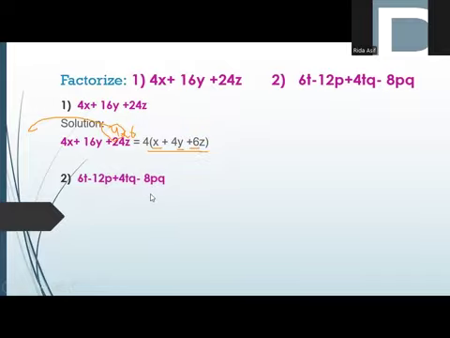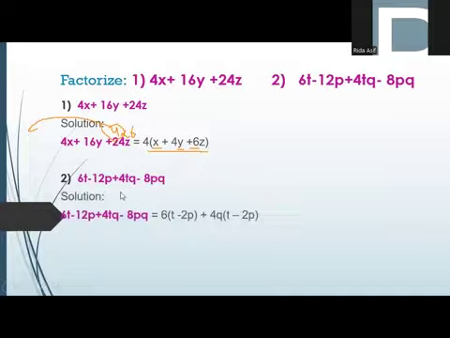In these 4 terms, students, we can select the second method, that is common factors in pairing of terms. Now, look at the question carefully. In the first 2 terms, we can see 6 and 12. 6 times 2 is 12, so we have taken out 6 as a common factor.